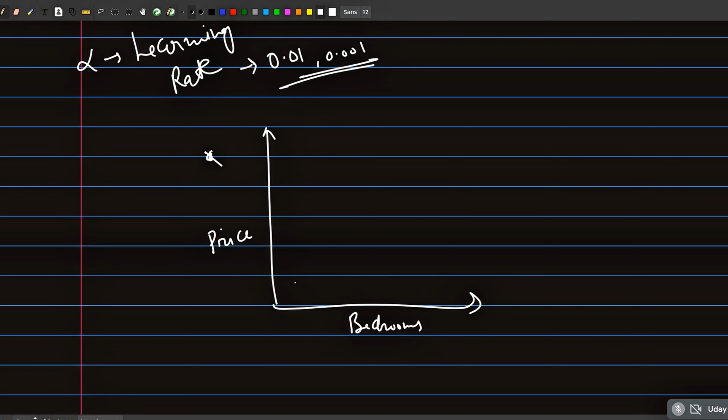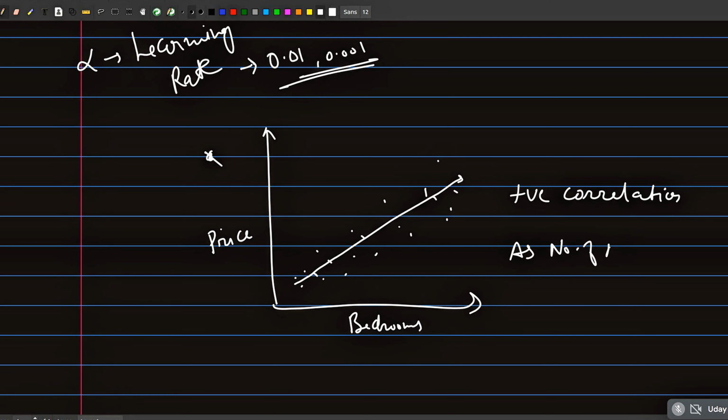What we saw was a positive correlation: as the number of bedrooms increases, the price also increases. Positive correlation means as the number of bedrooms, on the x-axis, increases, the price increases. Okay, clear?